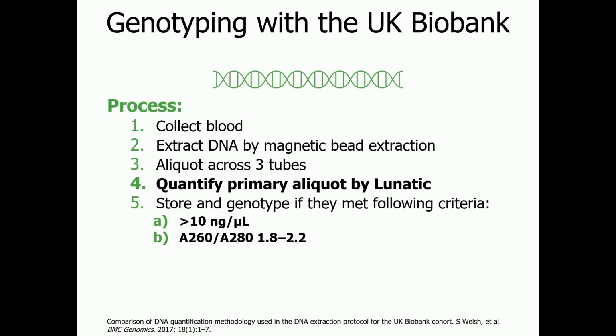If that primary aliquot met the process criteria, then they would genotype that DNA and then store 2 of the aliquots. Those criteria were a DNA concentration of above 10 nanograms per microliter and an A260 over A280 ratio of 1.8 to 2.2. Genotyping results showed that the DNA was of very high quality.